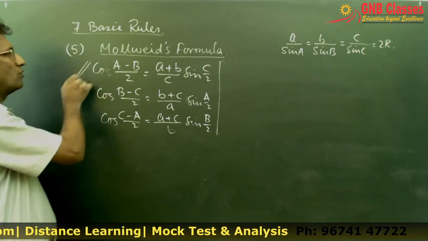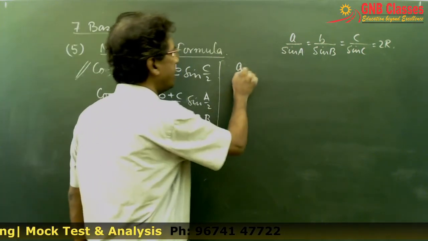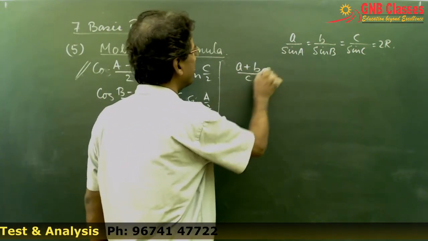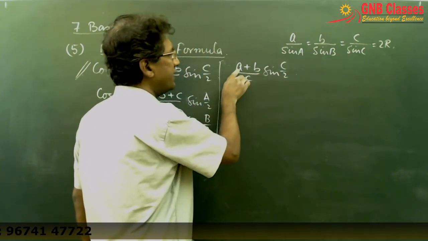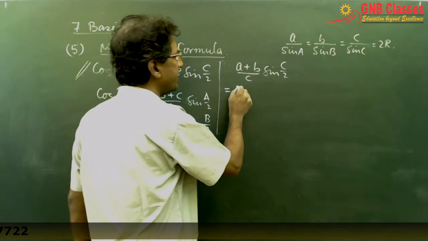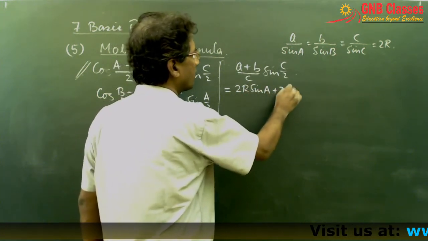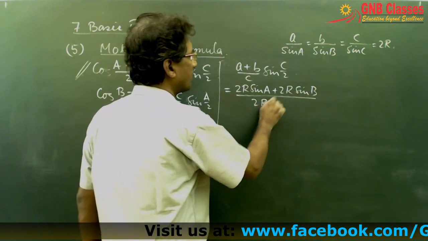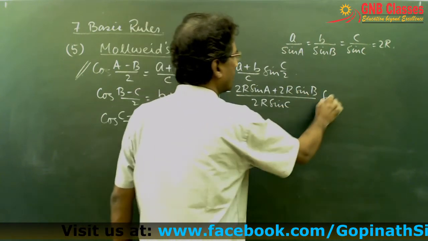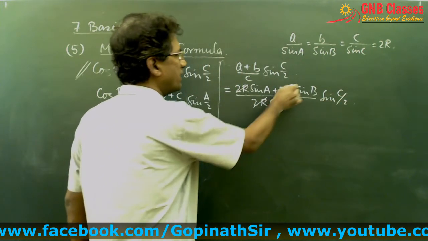Let me prove the first one of this set. We are starting again from the right hand side. So a+b, a can be replaced by 2R sin A. Two goes off from the numerator and denominator.